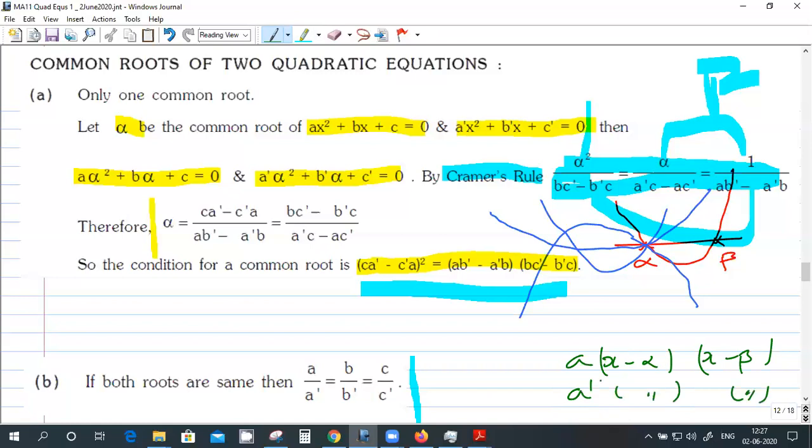And once I expand this, I'll get the coefficients of x square, x and the constant. From that, I'll get this condition.